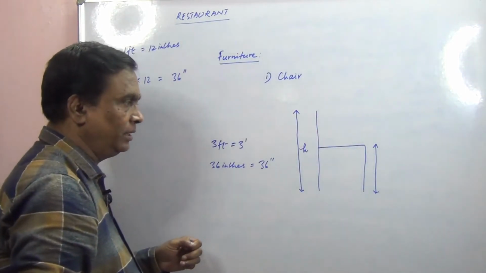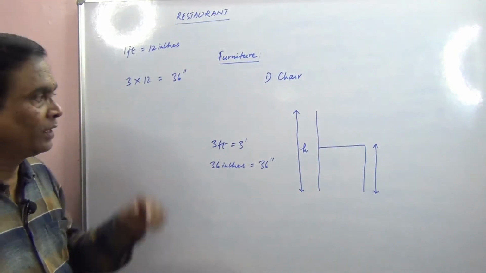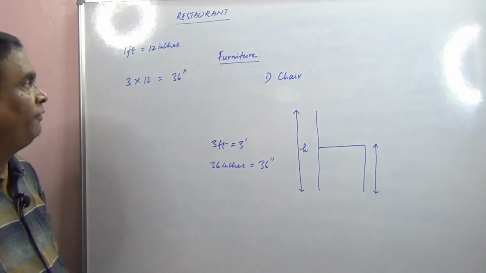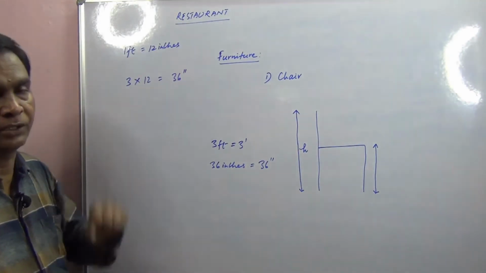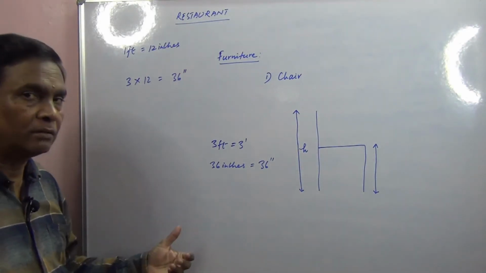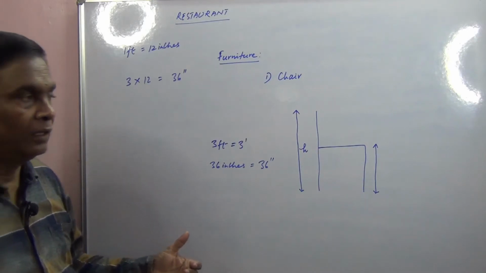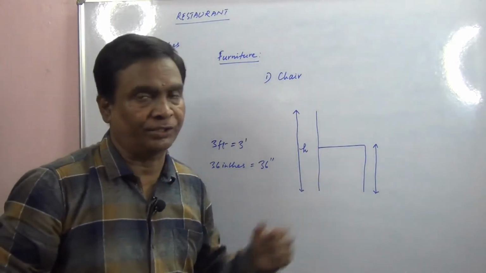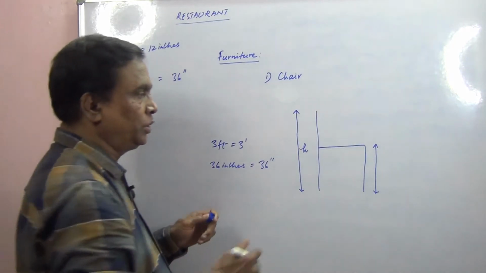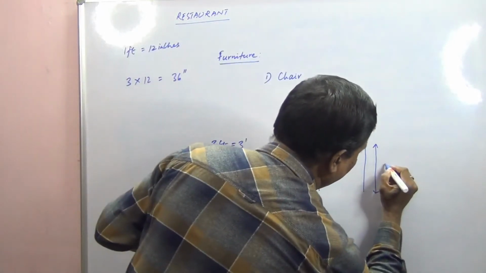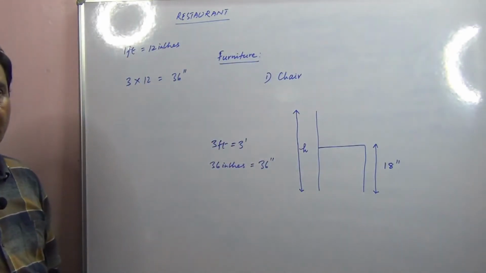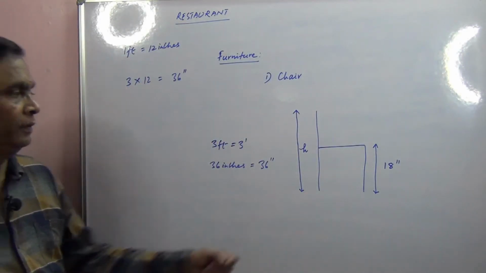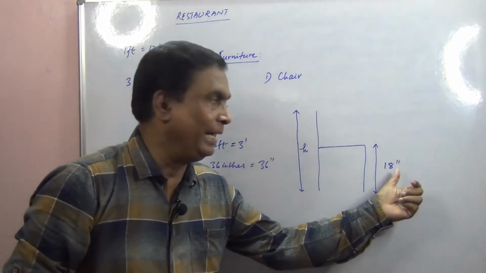It is exactly 50% of this. 50% of this means, that means what? 18 inches. So you can write it here, 18 inches.